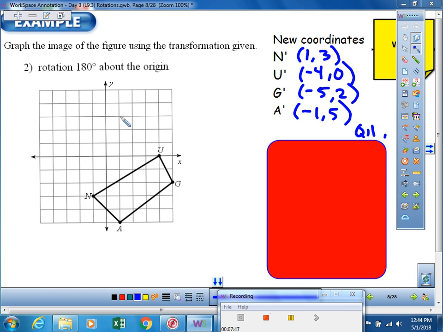So 1, 3 is N prime. -4, 0, U prime. -5, 2, G prime, and -1, 5, A prime.